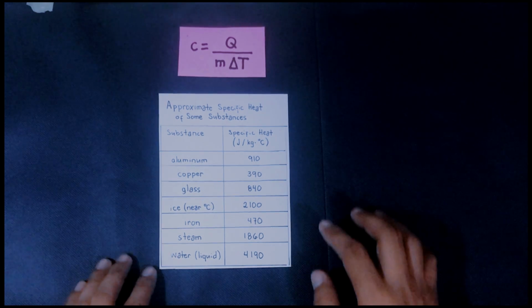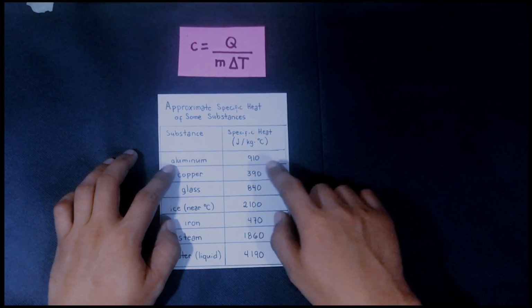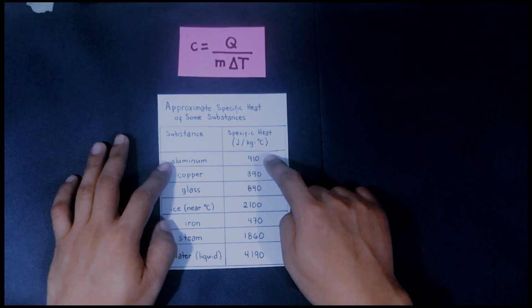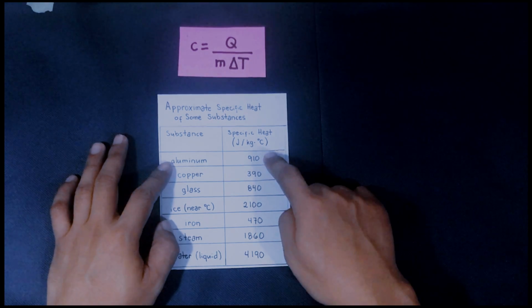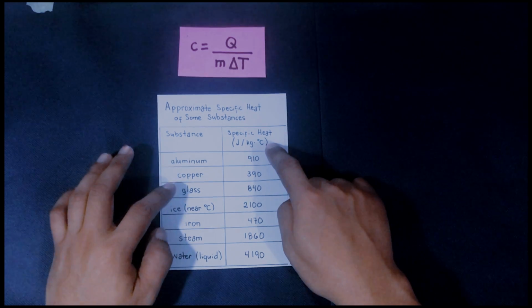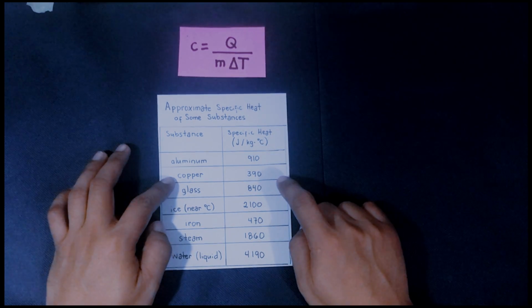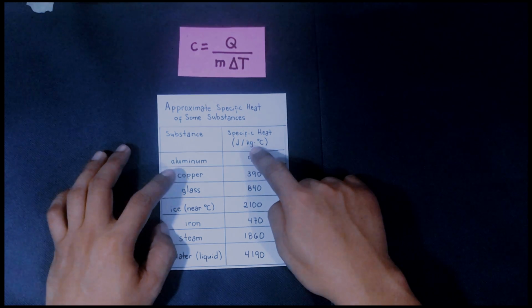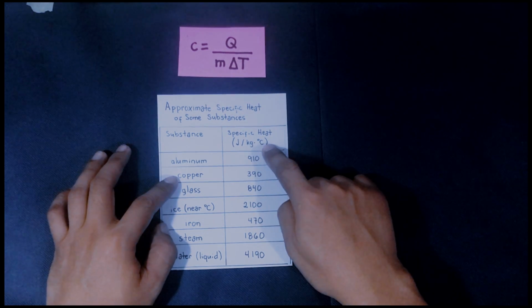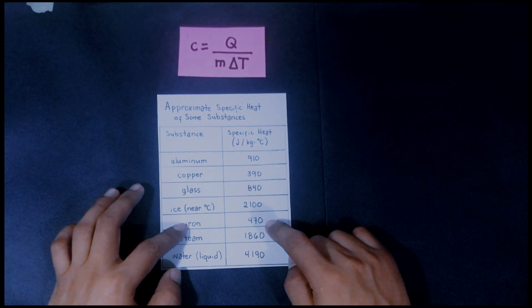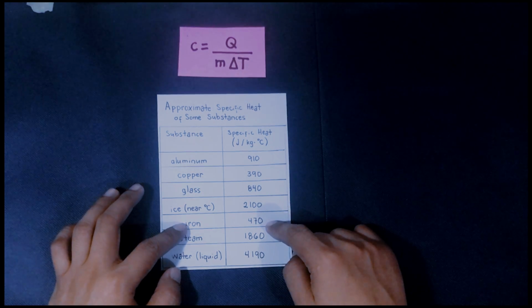Based from this table, for aluminum, we need 910 joules of heat to change the temperature of 1 kilogram of aluminum by 1 degree Celsius. For copper, we need to add or remove 310 joules of heat to change the temperature of 1 kilogram of copper by 1 degree Celsius. For iron, we need to add or remove 470 joules of heat.